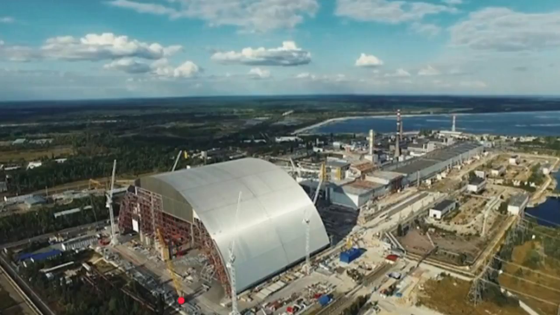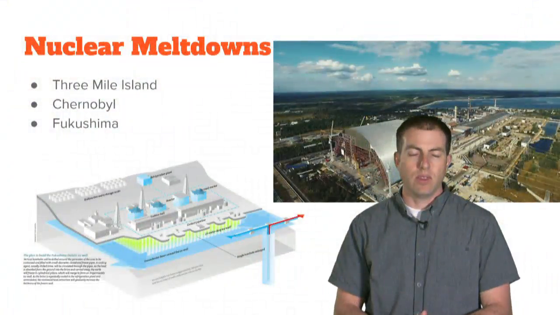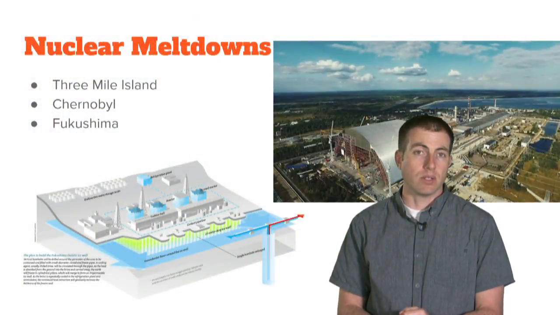What they're doing is they're building it on these big tracks, and then they're going to slowly move this dome, slide it over until it covers this part of the reactor core. So the radiation's no longer escaping into the atmosphere. It'll get trapped by this big dome. It'll keep water out. And because the half-life for all of these things is so long, this Chernobyl area will be radioactive for thousands of years.